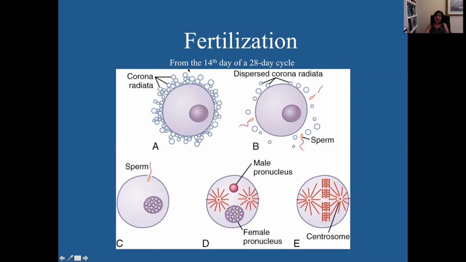So this is how it's released into the fallopian tube from the ovary at the time of ovulation. Now, sperms are around, and these are the ones that have to make their way into the oocyte. First thing they have to do is to dissolve these cells and the zona pellucida.